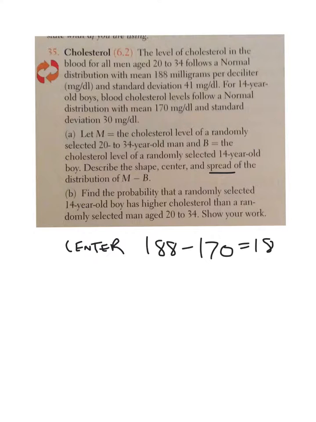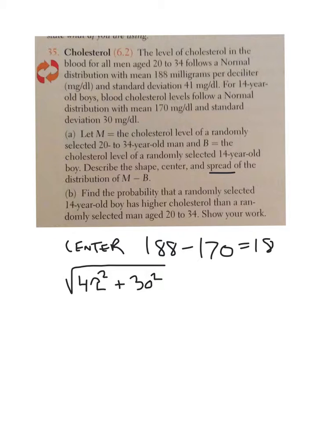So we're going to take 41 squared plus 30 squared and take the square root. So that's way back from chapter 6. We don't divide by the sample size, because they don't tell us the sample size.